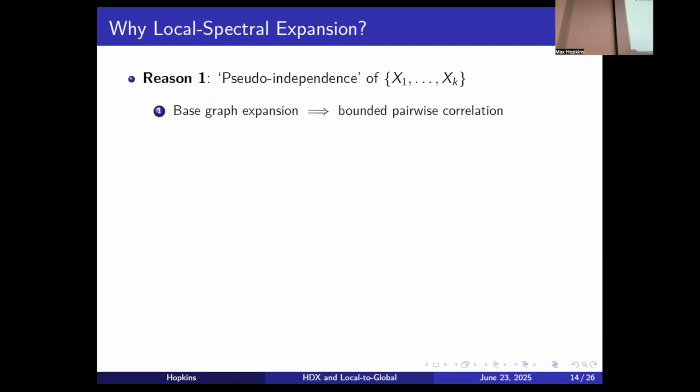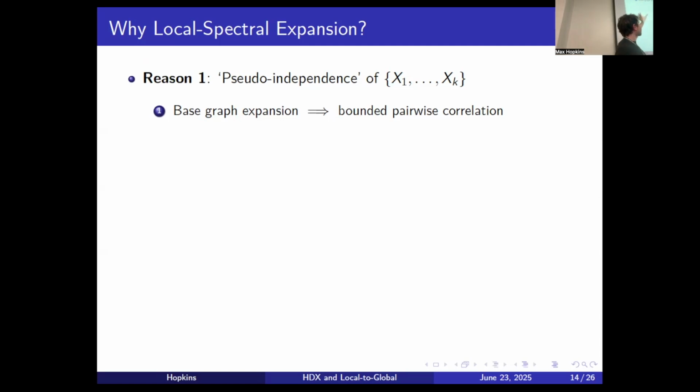One, in my opinion, very nice way to think about this definition is as extending this pseudo-independence viewpoint of expanders I talked about before. That morally speaking, a graph is a lambda HDX if the k variables, x1 through xk, instead of just x1, x2, again, act sort of pseudo-independent. How does this correspond to this definition that I've given you?